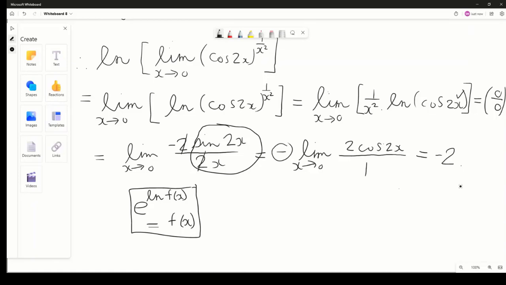Therefore the final limit of the original problem, the limit of cos 2x to the 1 over x squared as x tends to 0, is, as you said correctly, e to the minus 2 by virtue of this fact. And there it is done. Does that solve that? Yeah. Okay, great. You understood that, no? I trust the other people also understood that, guys.